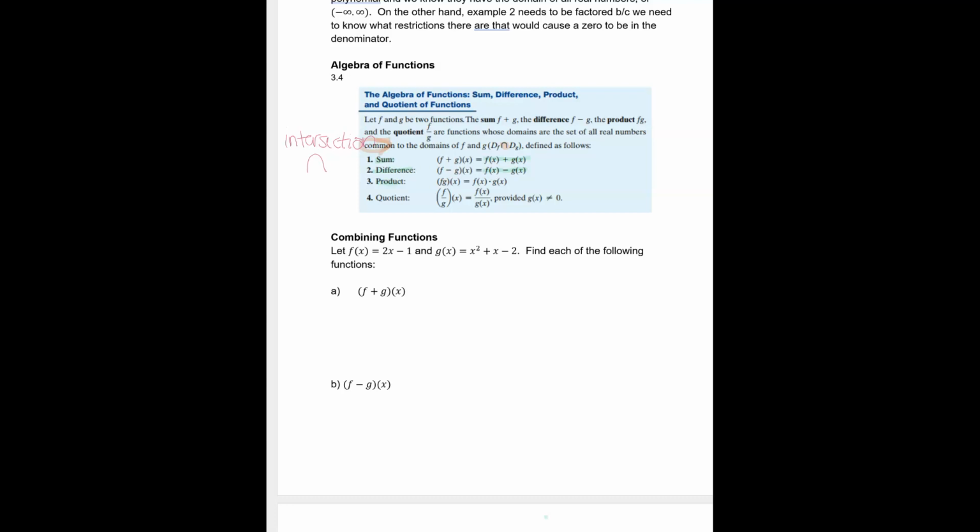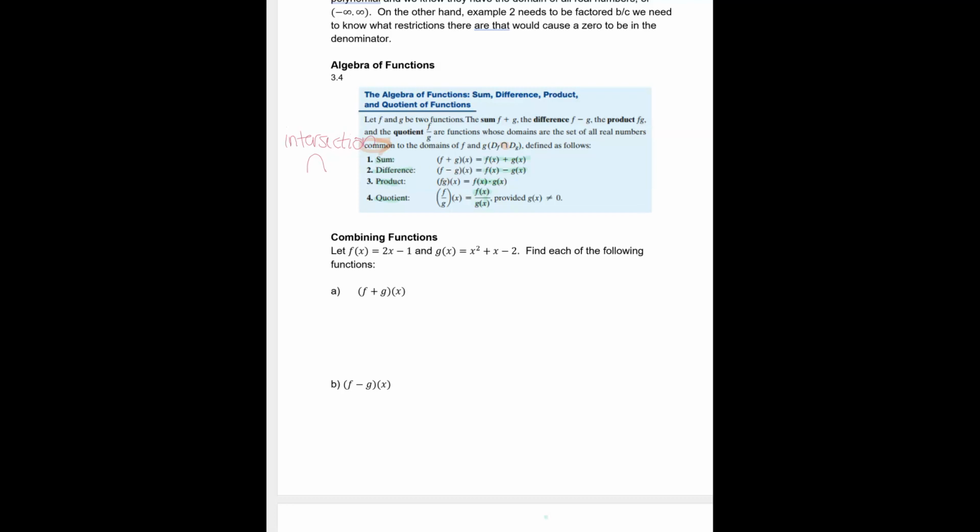Product: f times g of x is f of x, one function, times another function. And the quotient is f divided by g of x, whose definition is f of x divided by g of x. So one function divided by another function.